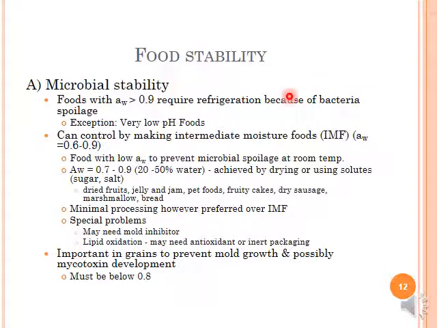So when you put food in the fridge, it will prolong the shelf life because it slows down the microbial activity. The exception is acidic food. Acidic food you don't need to refrigerate because it's resistant to bacterial activity, and that is why one of the oldest techniques to preserve food is pickling, by using vinegar, because they are acidic.